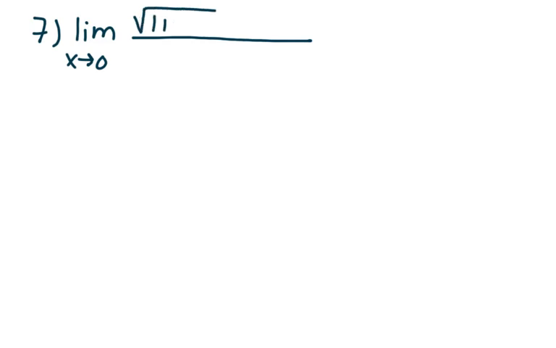Suppose we have the limit of the square root of 1 plus 2x minus the square root of 1 minus 4x, divided by x. This one's fantastic. Instead of L'Hopital's rule, which you can technically do here, I would recommend multiplying the numerator and denominator by the conjugate of the numerator.